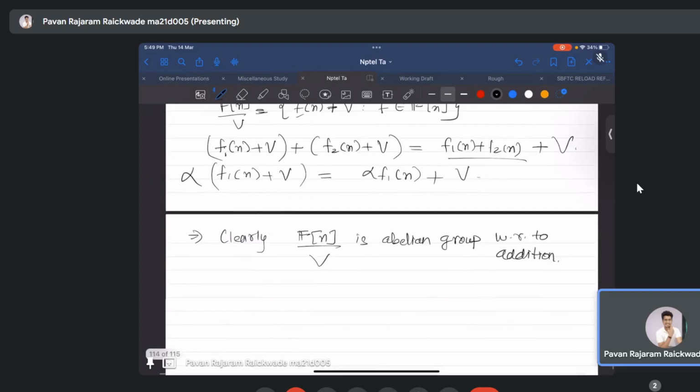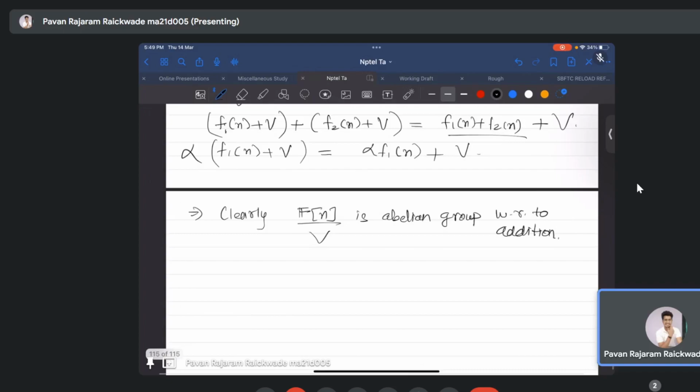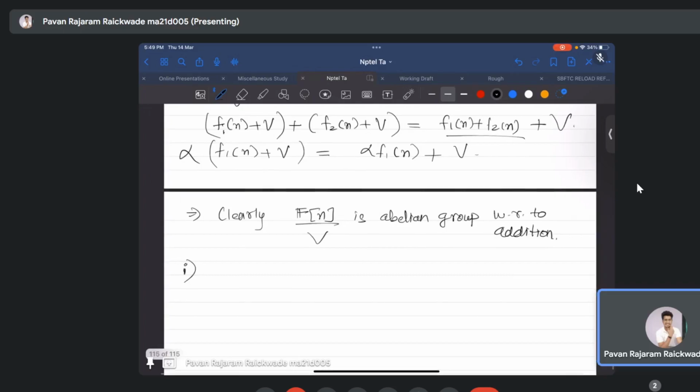Now what happens for multiplication? We have to show some distributive laws and so on. So let's show the first one. Take any elements a, b belonging to F, and f1, f2 belonging to F[x]. First one is (a + b) times (f1(x) + V).